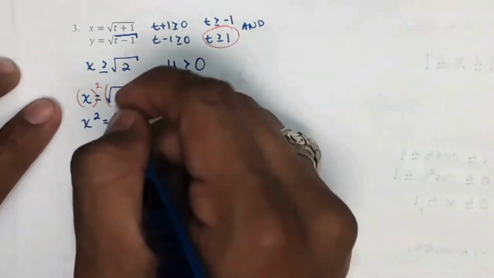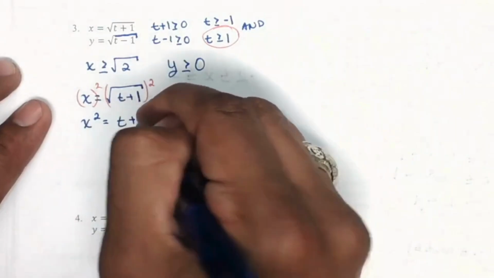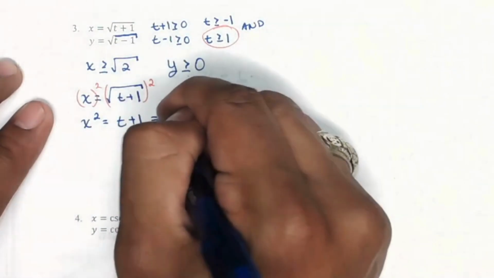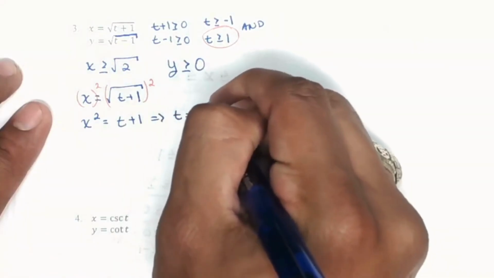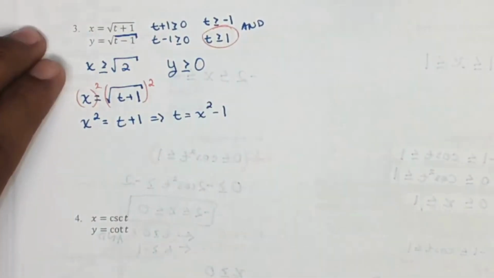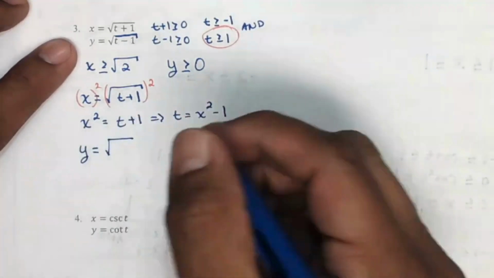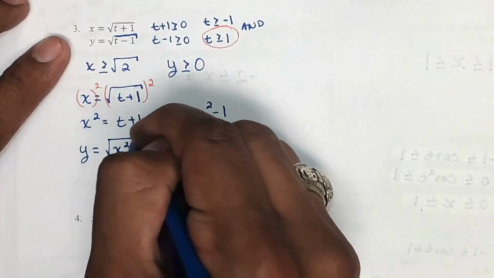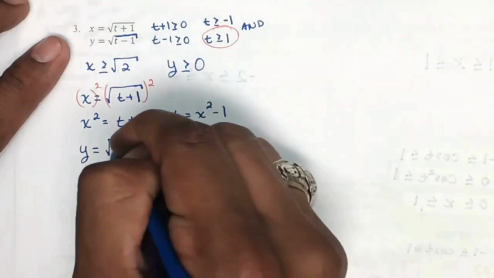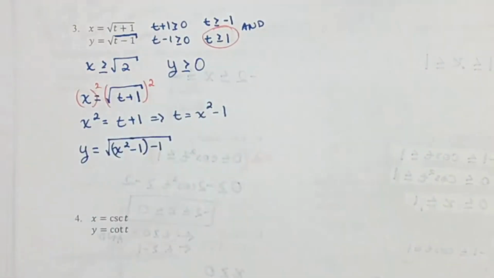So I'm going to square both sides and end up having t plus 1. So we end up finding out that t is x squared minus 1. So now I'm going to go back and plug that into the other equation. So y equals the square root of x squared minus 1 minus 1. So this x squared minus 1 I replaced t with.